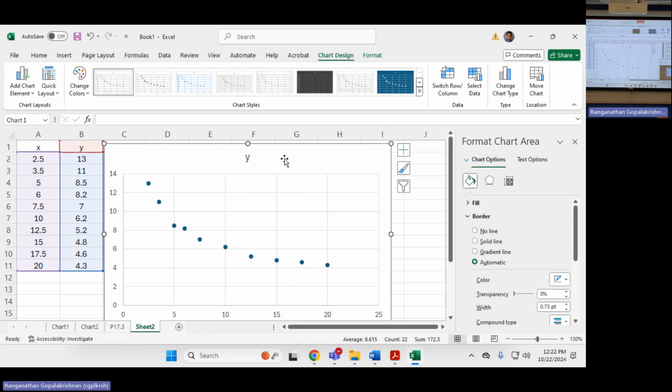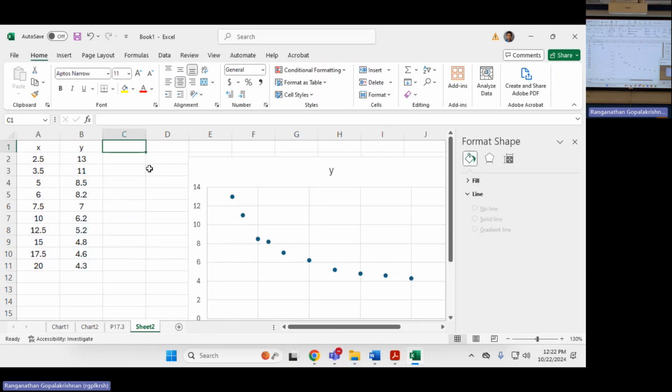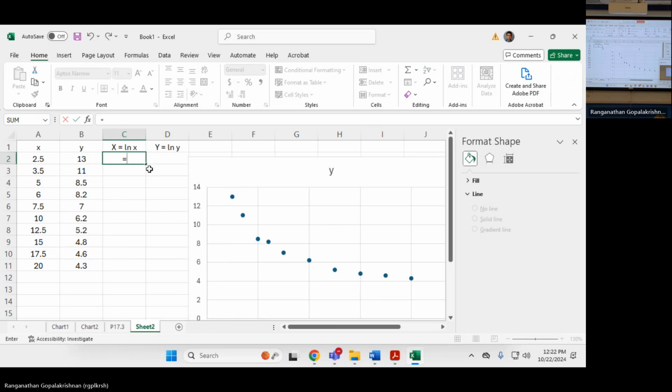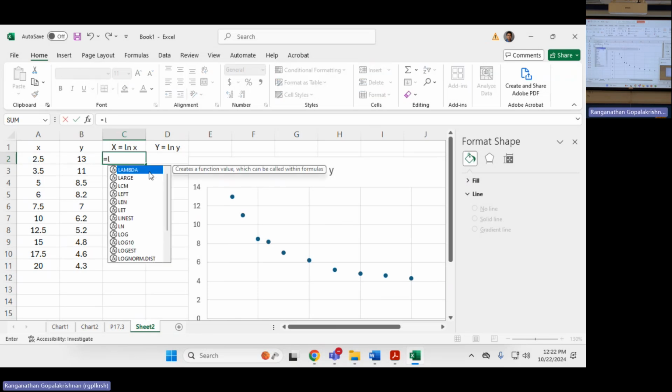All right, so the only thing I'm going to teach you first is to get the logarithm, okay? We'll call uppercase X equal to the natural log of x and uppercase Y the natural log of y. I don't deal with logarithm with respect to 10.